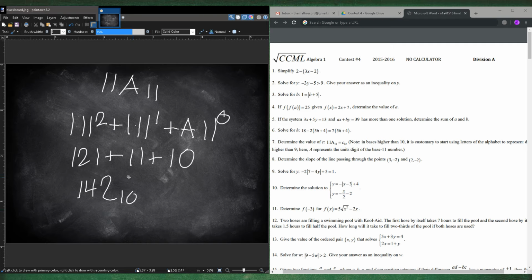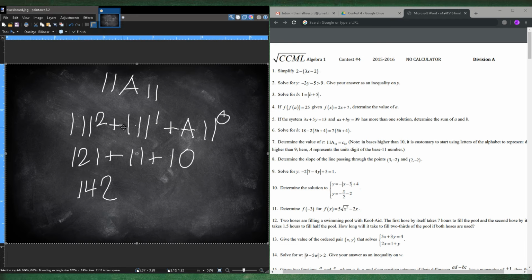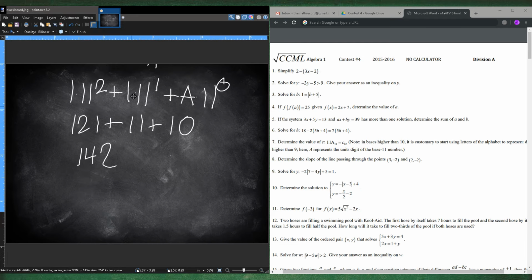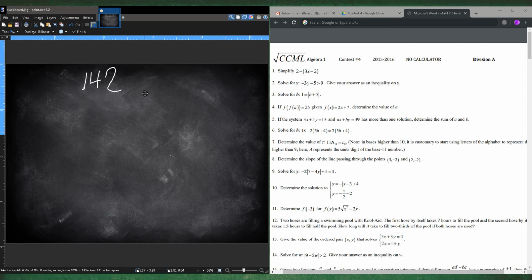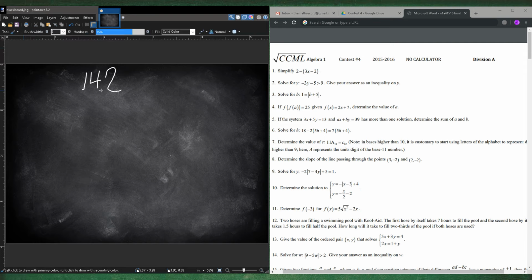And then we have to put this in base 12. The way we do this is the reverse of converting to base 10. We have to think of the highest power of 12 that is lower than 142. 12 to the power of 2 is equal to 144, which is higher than 142, so you can't do that.